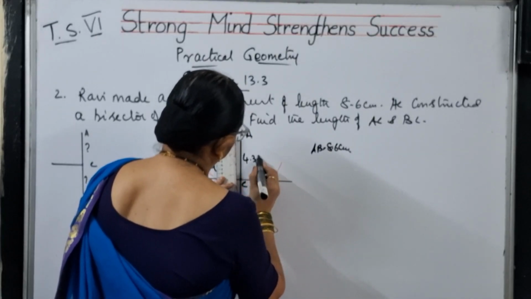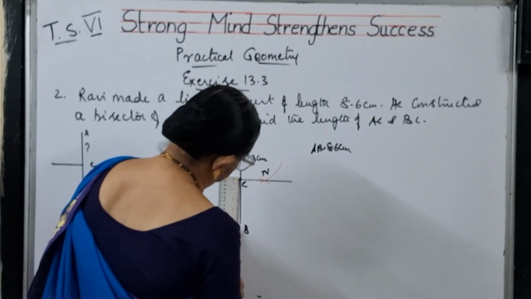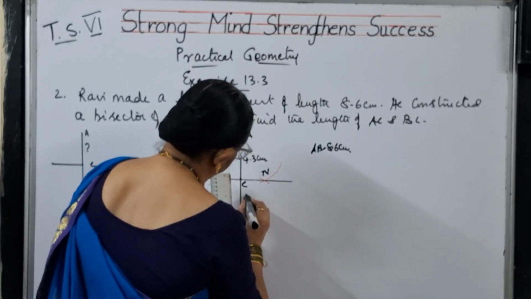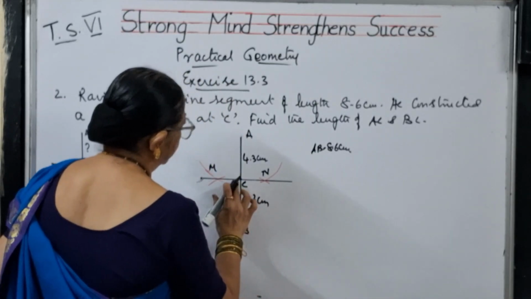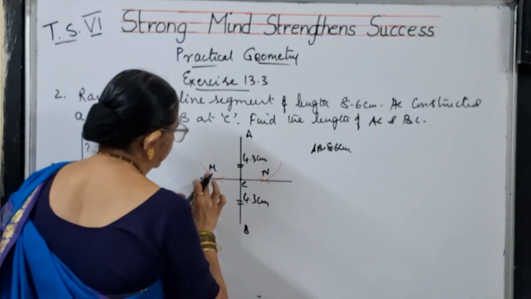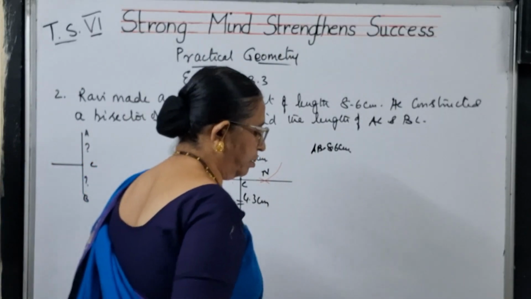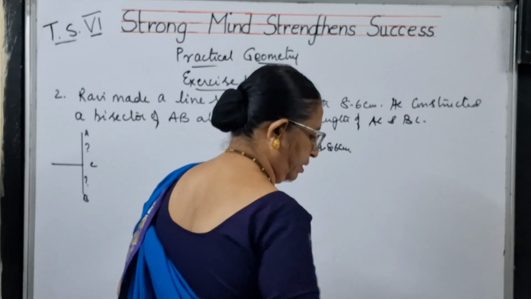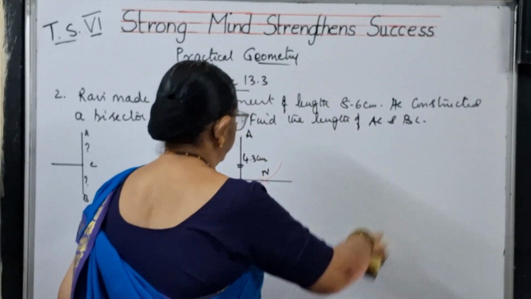AC is 4.3 centimeters and CB is also 4.3 centimeters. So C is the midpoint. These two lengths are equal. This is how you can construct the line here, which is a perpendicular bisector.